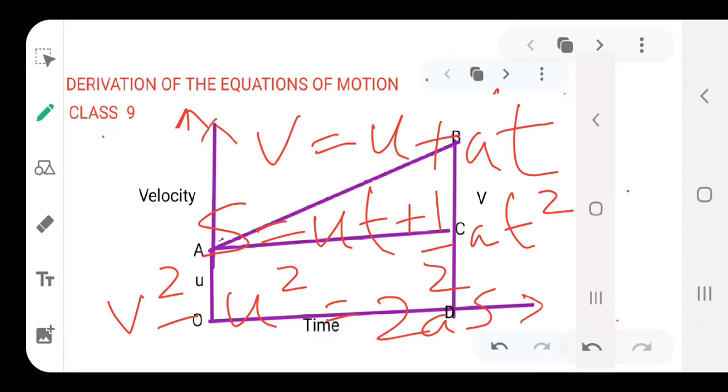We are going to read about how to derive them, and thereafter we will get into the right mode of solving the numericals. So, let us begin with the first derivation.